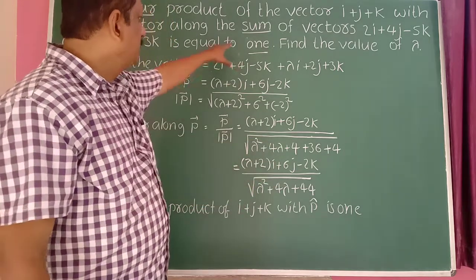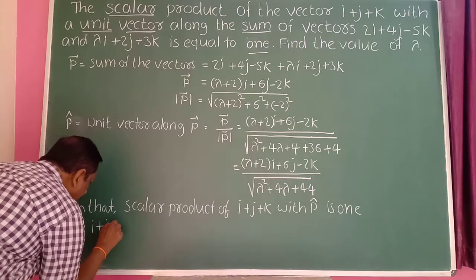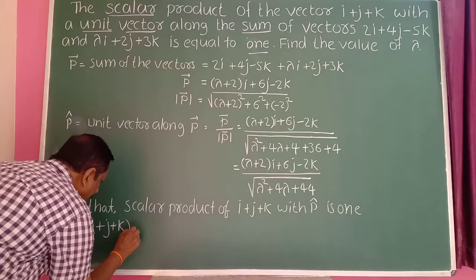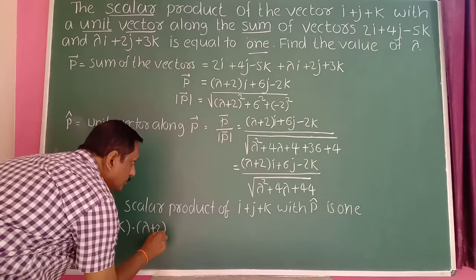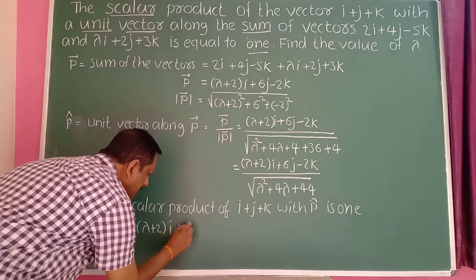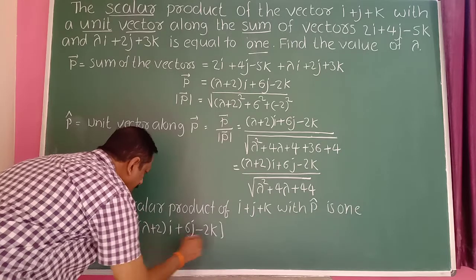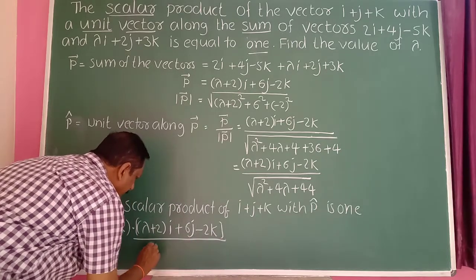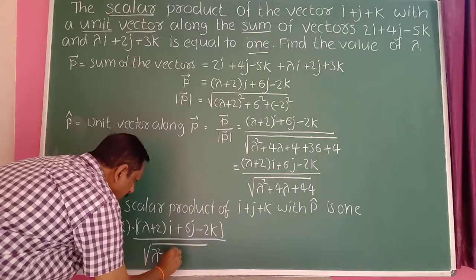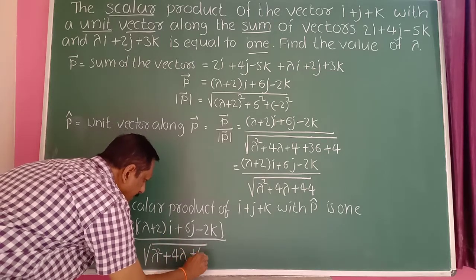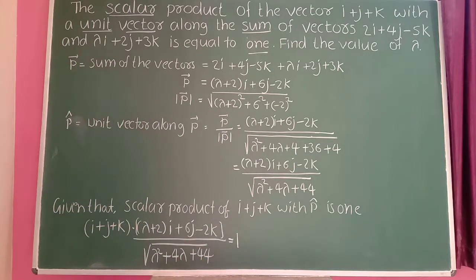Scalar product means dot product: i plus j plus k dotted with lambda plus 2 into i plus 6j minus 2k, divided by root of lambda squared plus 4 lambda plus 44, is equal to 1.